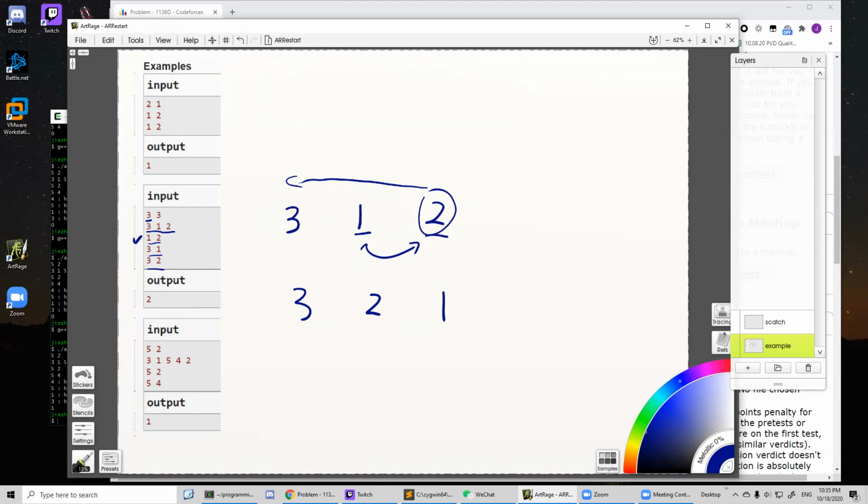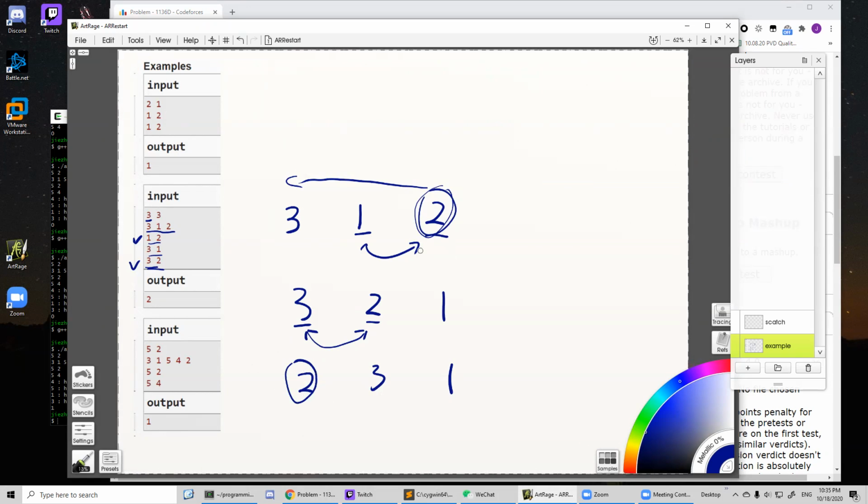And can we switch these two guys' places? The answer is yes, right? Because this pair is also given by the input, right? So that we can further switch their positions so that we can get a new array like this. So in this way, we move the last digit to the very front, right?